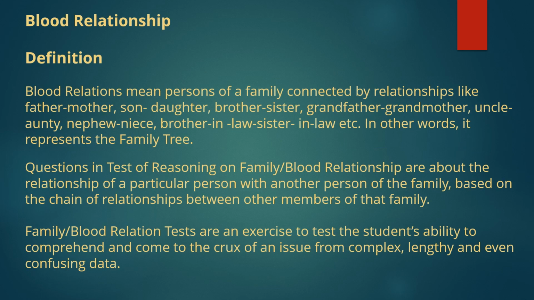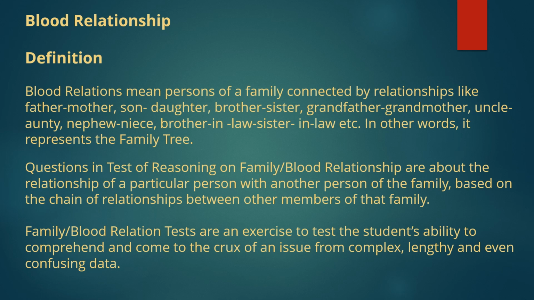Starting with the basic definition, blood relations means persons of a family connected by relationships like father, mother, son, daughter, brother, sister, grandfather, grandmother, uncle, aunt, representing the family tree.